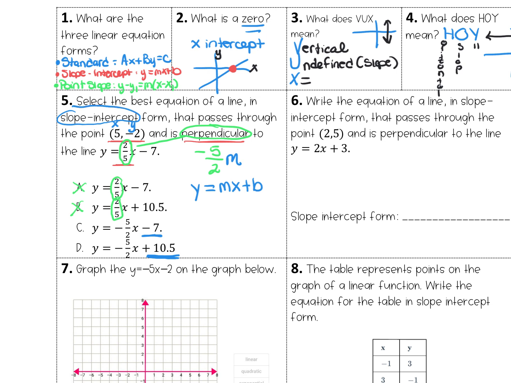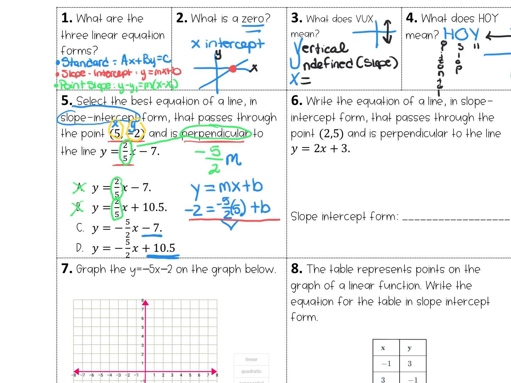My y is negative 2 right here, equals my m is negative 5 over 2 times my x right here is 5 plus b. So you can use your calculator and multiply together, or you could even use nSolve. You could use numeric solve for this right here, and make sure you do comma b at the end.